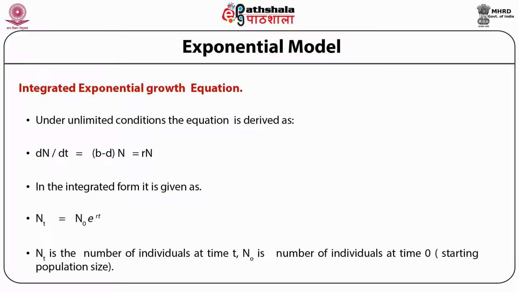This equation can be easily equated with compound interest, where we want to know the amount at time t with the starting principal equal to N0, the rate of interest denoted as r, and t the time for which the interest is given. So just as interest is compounded, similarly the population shows a compounded growth rate.